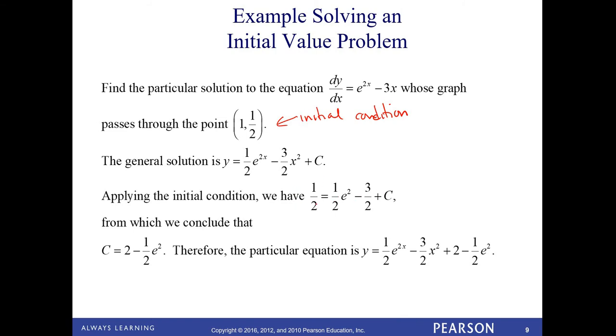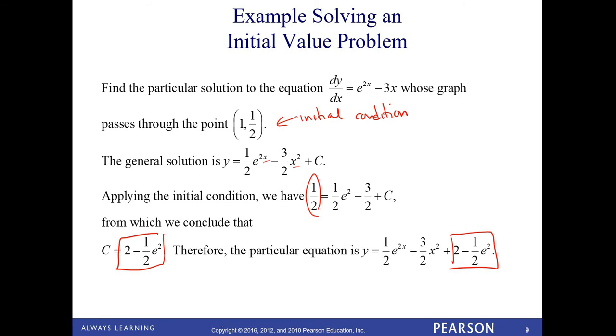Putting in the initial condition, -2 goes in for y, 1 goes in for all of my x values. I can then solve for c, adding 3/2 to both sides and subtracting 1/2 e squared. So all of this is my value for c. I tack it on to the end.